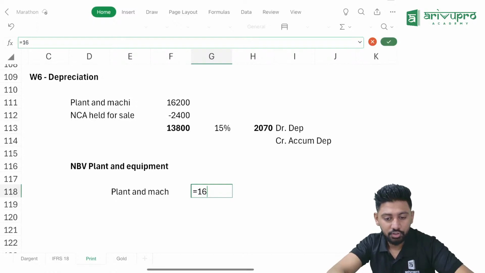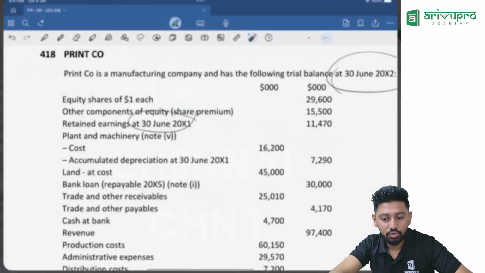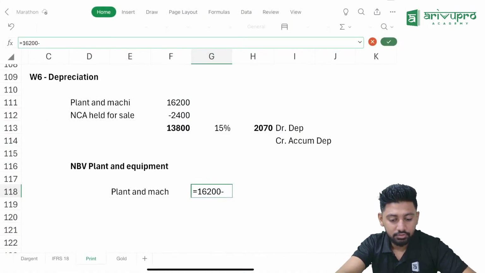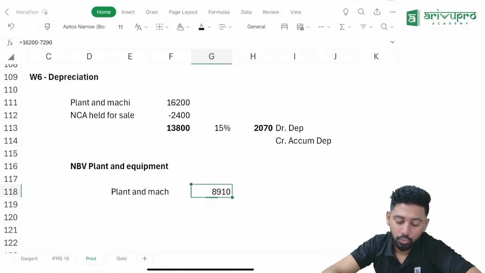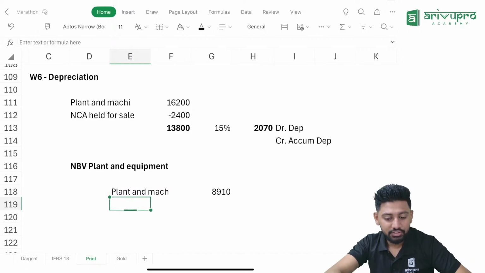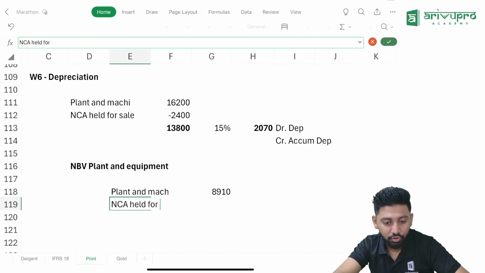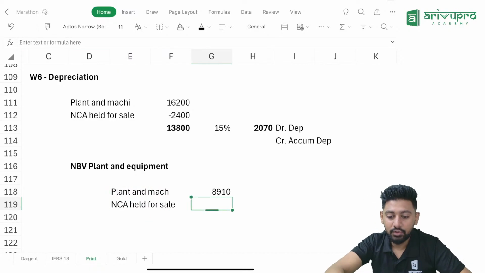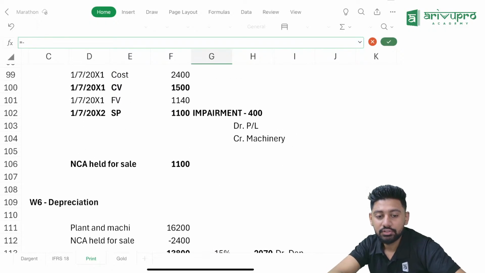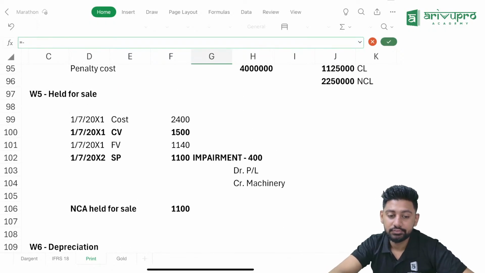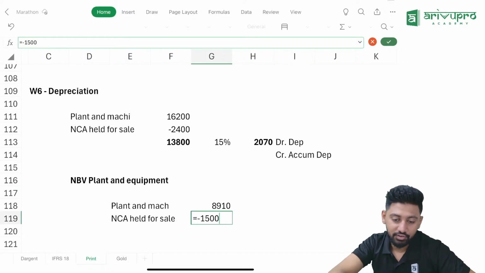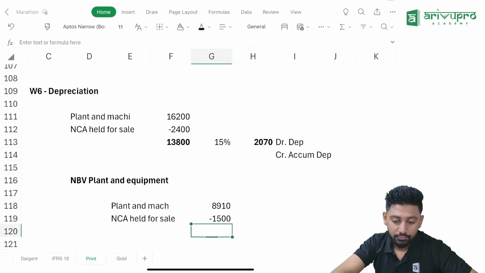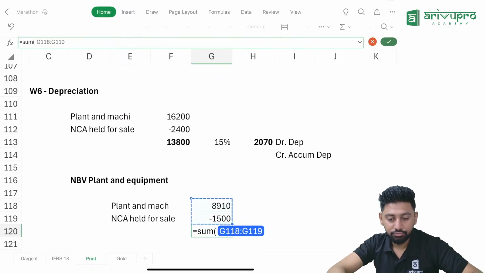Therefore, 16,200 minus 7,290 gives me 8,910 as my opening net book value. And out of this, I have non-current assets held for sale. The carrying value I have to deduct. They have given me 1,500 carrying value at the beginning. So minus 1,500.